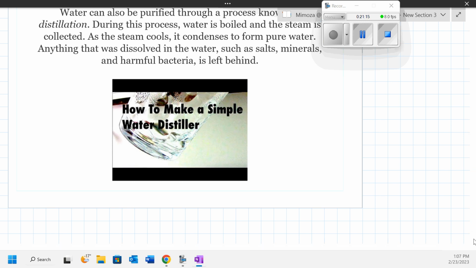It is not harmful, but we need minerals and salt in our water.